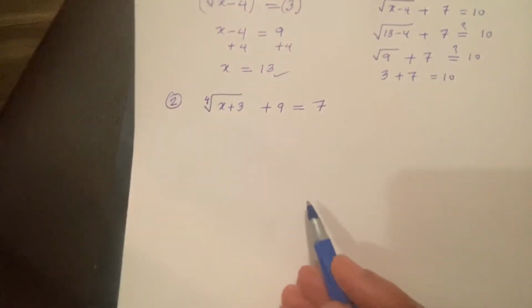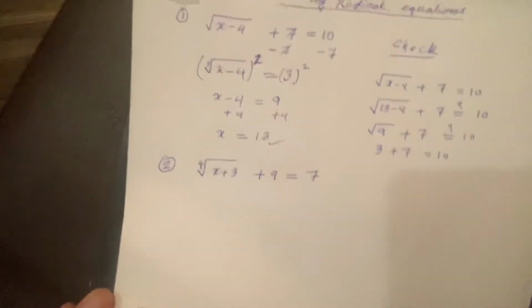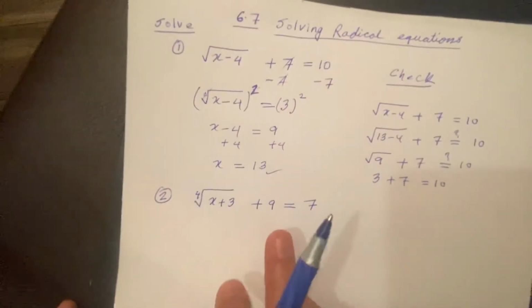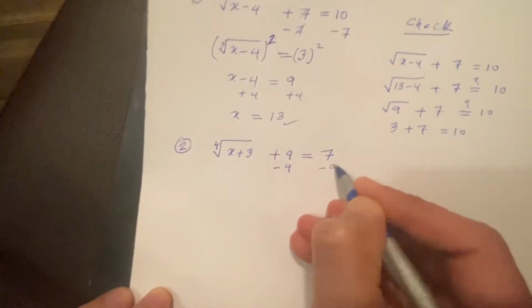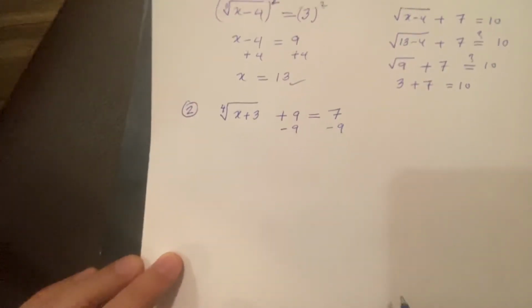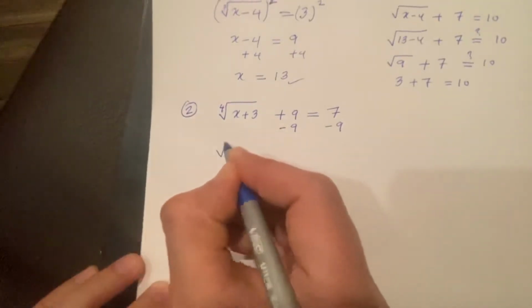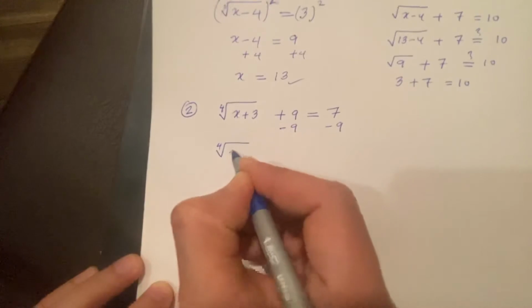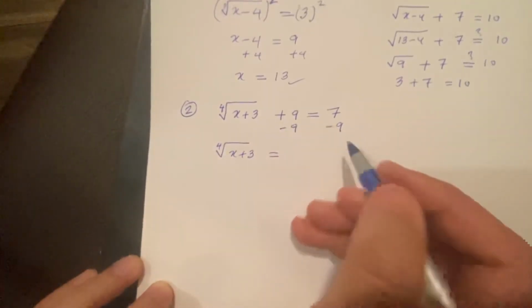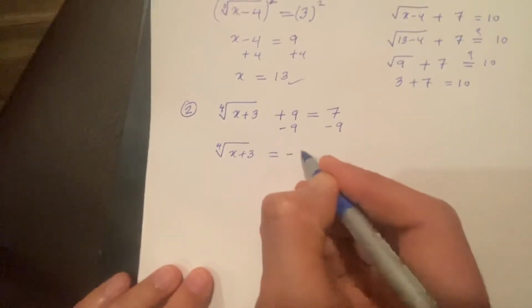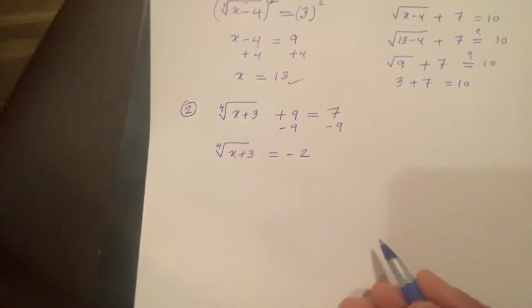All right, so again, just like I did here, I have to move this 9 to the other side. So subtract 9 on both sides. So now we get the fourth root of x plus 3 is equal to, these two are gone, so on the right hand side we get negative 2.